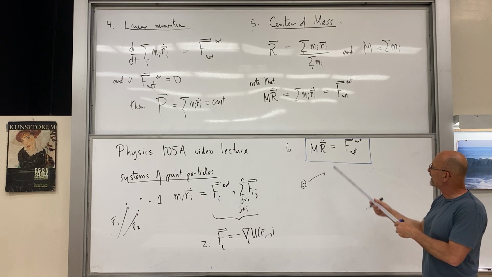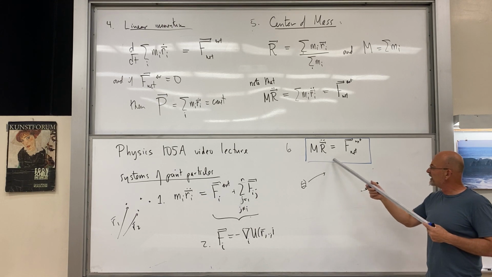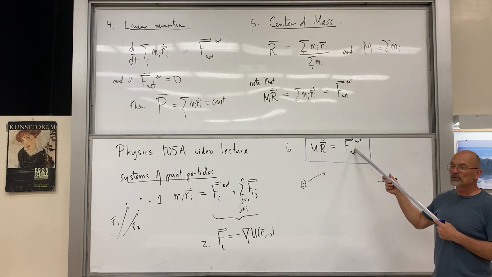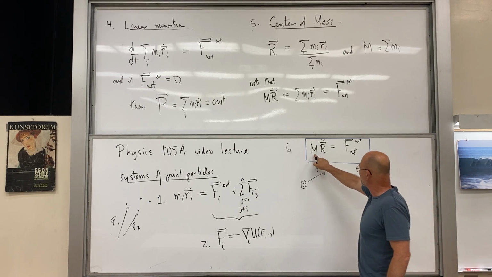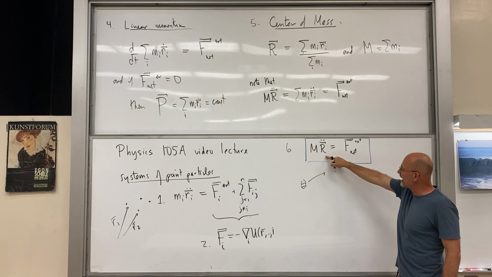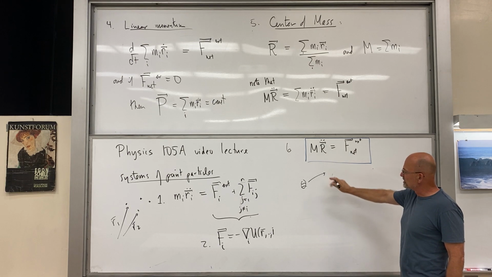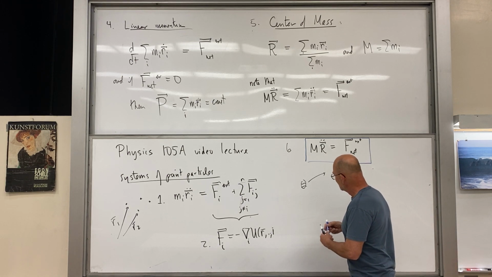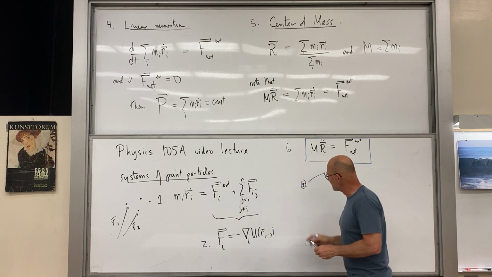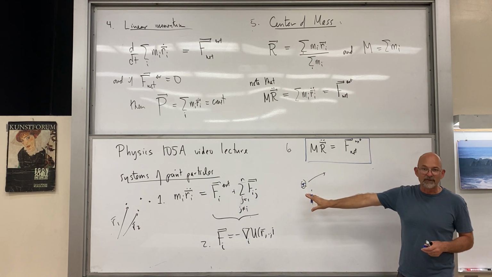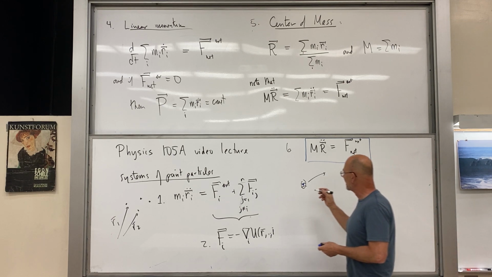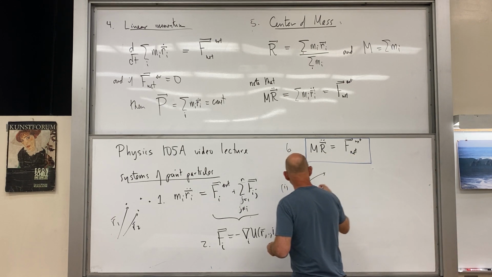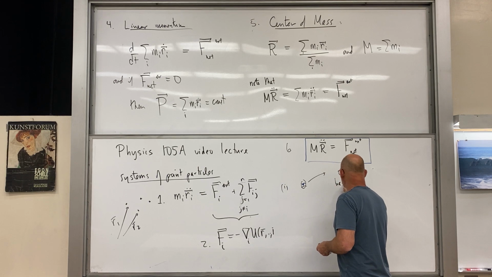The center of mass moves as though the net force were concentrated at the center of mass. So total mass times the center of mass acceleration, and that's our justification for associating the position of the baseball with just the center of the baseball. Of course, let's call this an example: basic projectile.